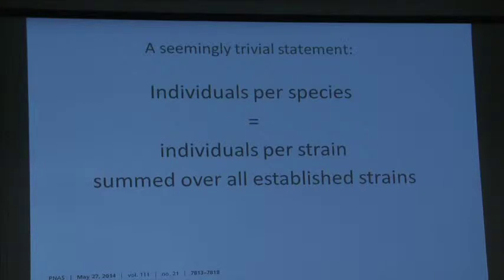So you can do this. What seems like a trivial statement here is that the individual per species in such a model is the individual per strain summed over all the established strains. That sounds like an interesting self-evident statement, but actually the consequences are quite large.